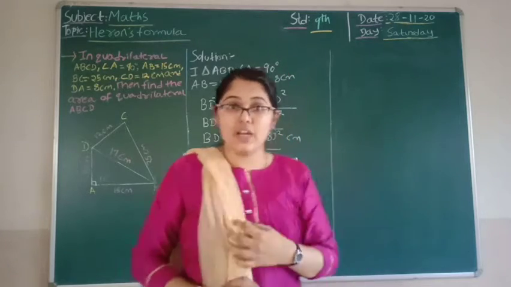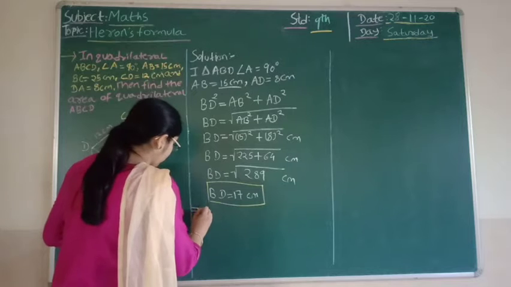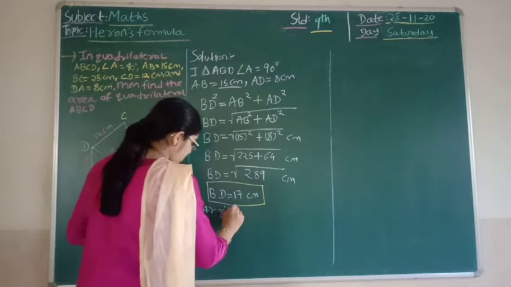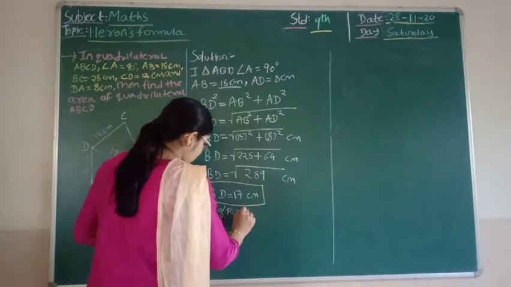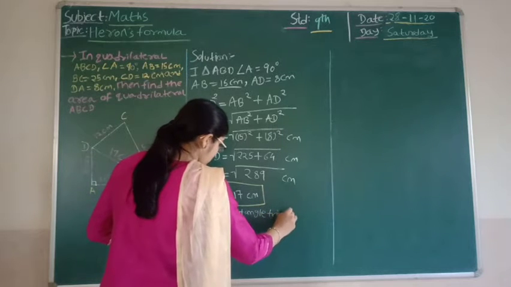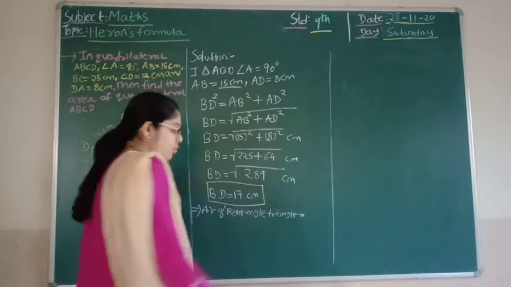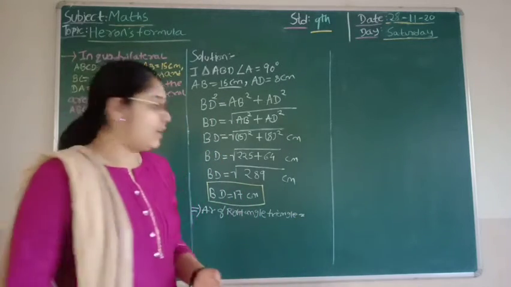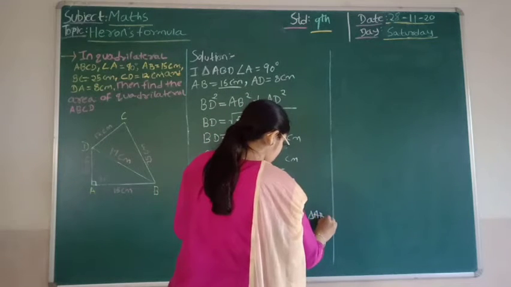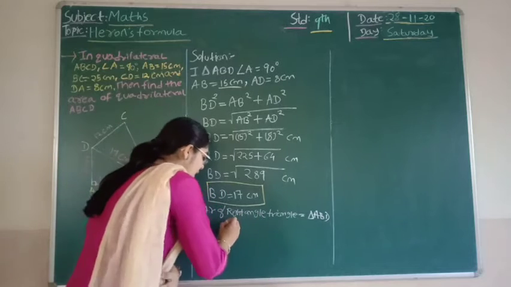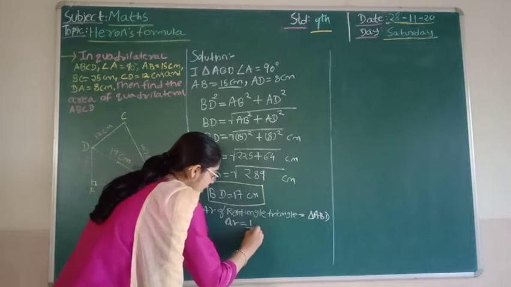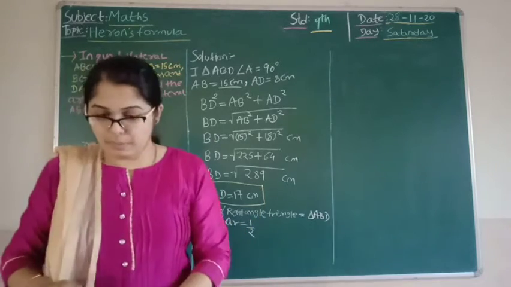So the formula for the area of a right angle triangle, triangle ABD, is area equals 1/2 into base into perpendicular.